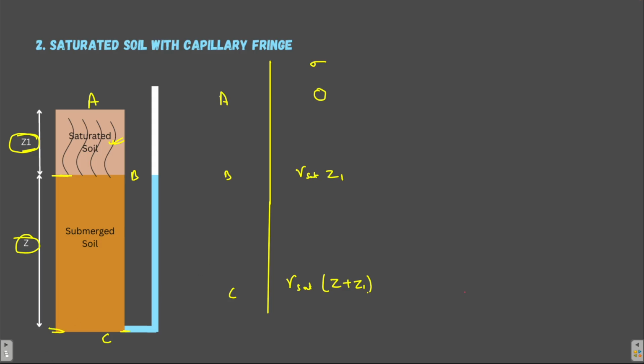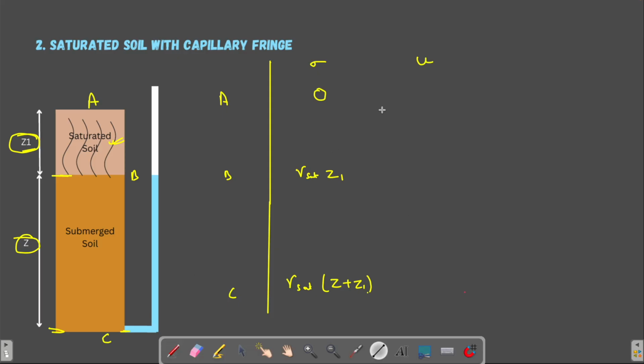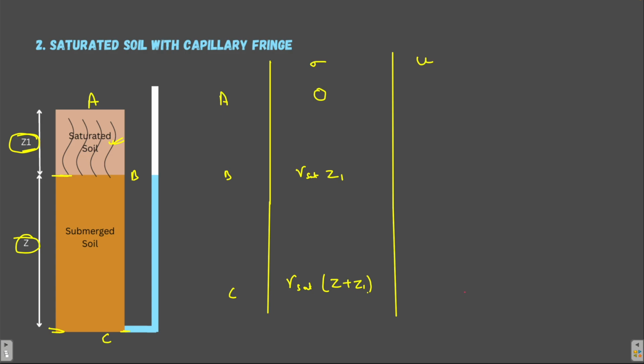Now let's know about the pore water pressure. It is very important to know what the pore water pressure acting is, because you see here there are two types of water. One is the capillary water and another is the groundwater. In one of my previous videos, I have told you about capillarity and capillary water.